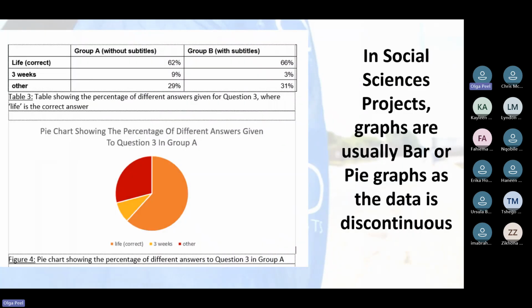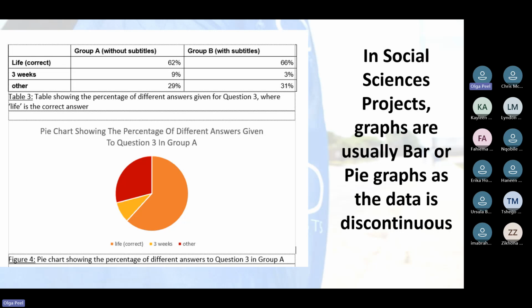Okay, there's another set of information that was changed into a pie graph. And as it says there, bar graphs and pie graphs are generally used in social science projects because the data is discontinuous. It's not like the temperature of a person over time, which would be a line graph.